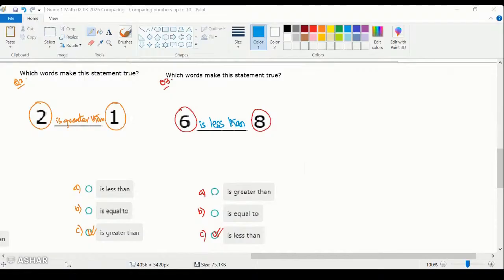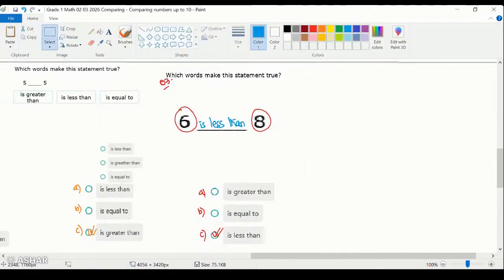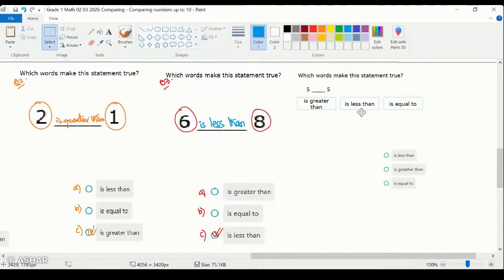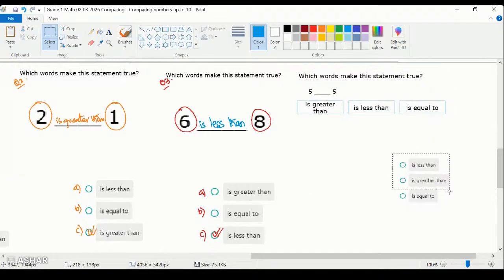If both the numbers are 5, just a moment, let's compare. The next question, question number 4, what they're saying is if both the numbers are 5, then which statement should be true?